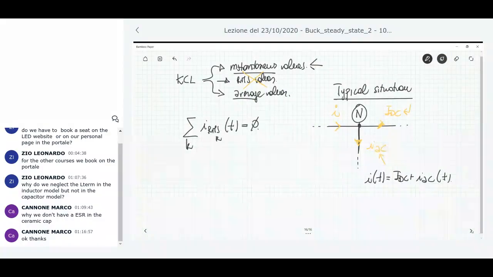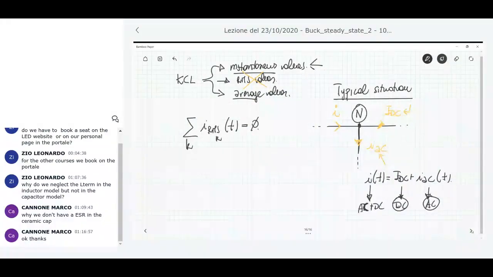So I is a current that has at the same time AC plus DC contribution. DC is just DC, AC is just AC. So we have a current which has both AC and DC terms as a summation of a current which is just DC and a current which is just AC. This is a situation that can happen most often in power converters.